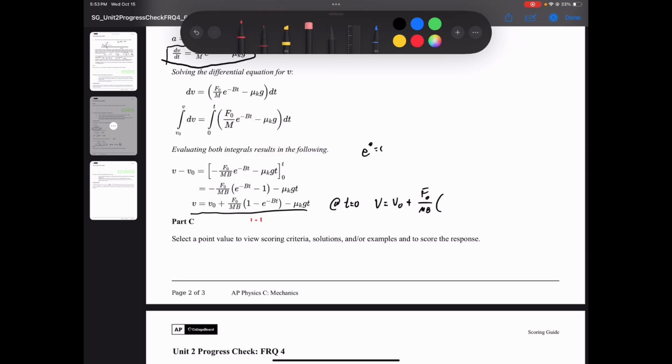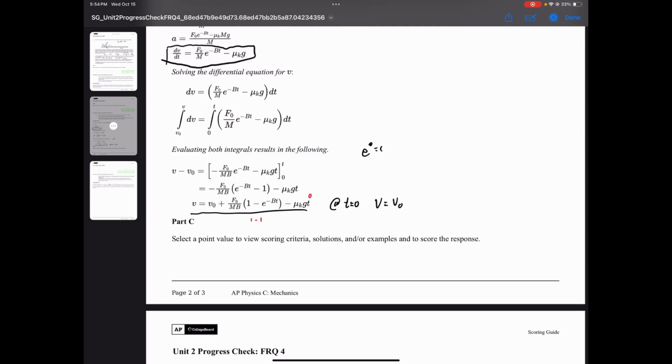So I can just erase that. So I have v naught minus mu sub k times g times t. This is also 0. Right, so this t is 0, this t is 0. So basically at t equals 0, my velocity equals v naught. Hopefully that's obvious. So this equation does work out, right? But I start with some initial velocity.